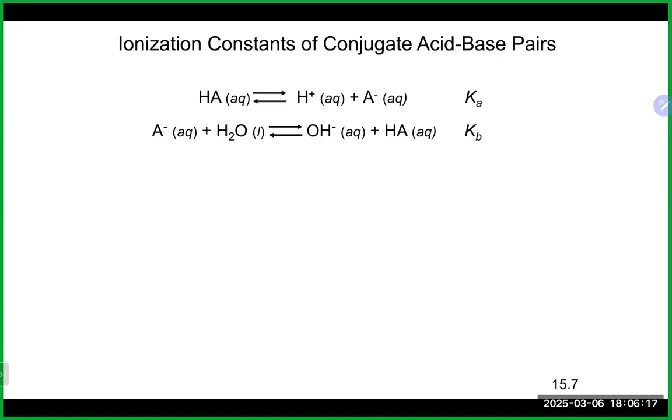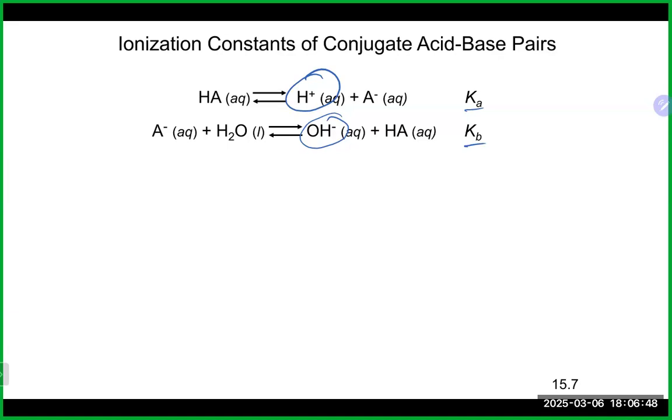Yeah, the important thing here, and it does come back to writing those equations correctly, is if you see H plus or H3O plus on the product side, you definitely should be using a Ka value. If you write your equation and you see OH minus has been produced on the product side, it definitely should be a Kb situation.